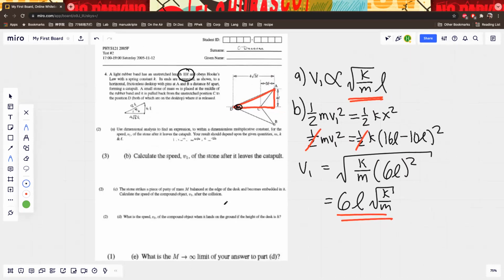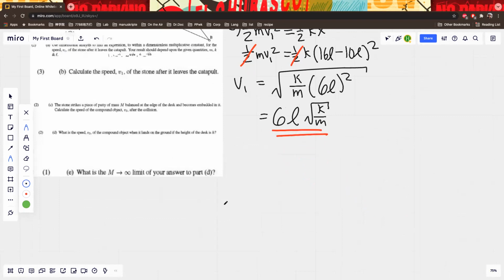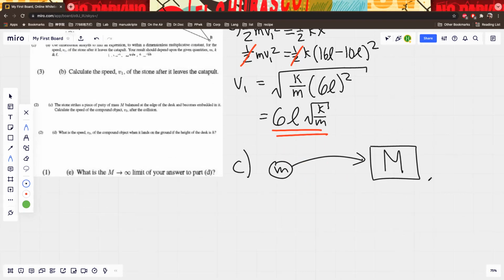So calculate the speed of the compound object V2 after the collision. So, part C, we now have the stone of mass M goes flying and hits this block of sticky putty, which has a mass of capital M. And then we want to know what is the speed V2 of the compound object, which contains the stone inside it.